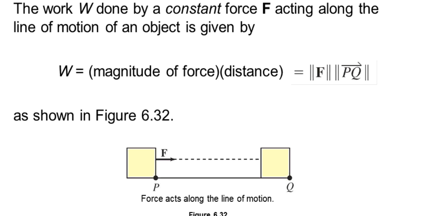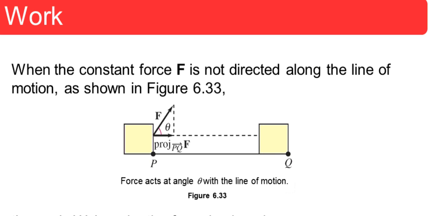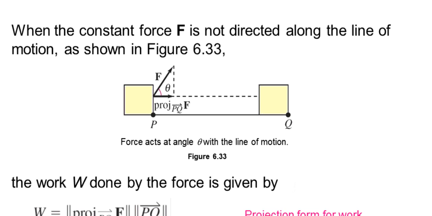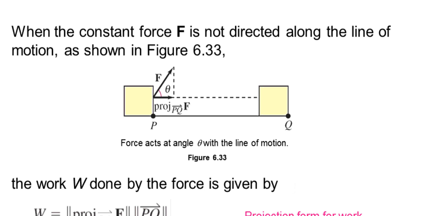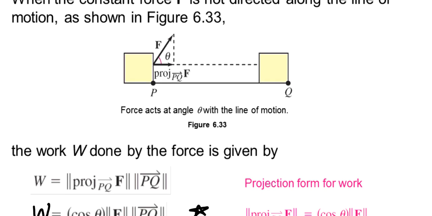A lot of times you're not going to bend way down and pull it straight like that. You're usually pulling at an angle as you go. So this is when the constant force is not directed along the line of motion, and this is the situation that we have.